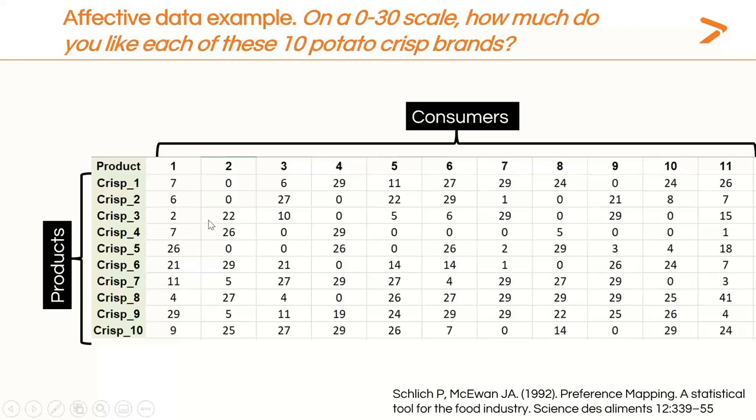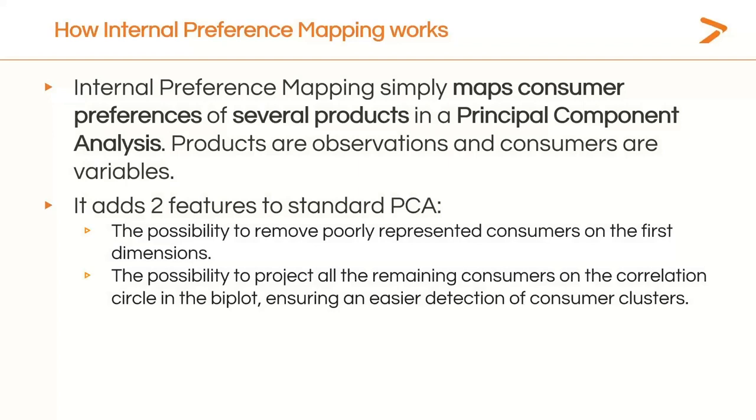We'll be using instead specific methods that allow summarizing the information from big data sets into smaller data sets. Among these techniques, there is PCA. And guess what? Internal preference mapping is based on PCA, or principal component analysis.